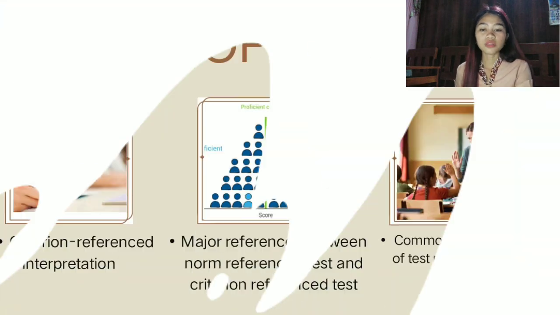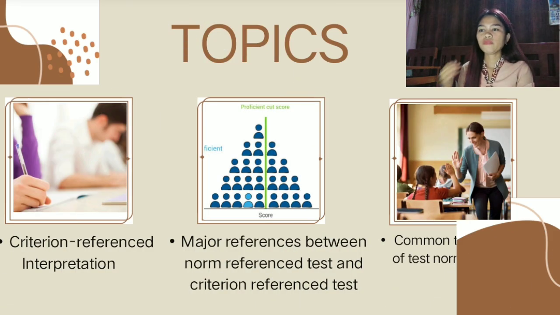So we have here the 3 topics that we are going to discuss today. Here we have criterion reference interpretation. And number 2, the second one, we have the major references between norm reference test and criterion reference test. And I correct myself.